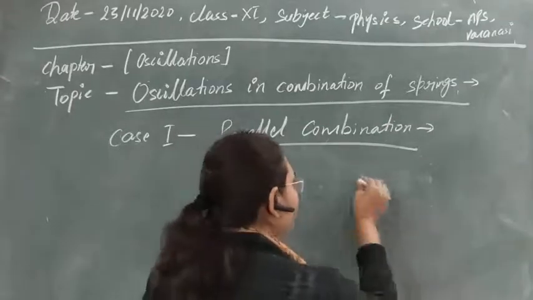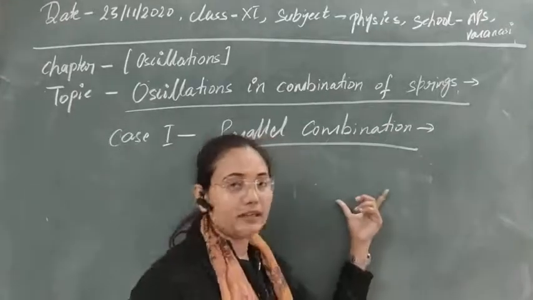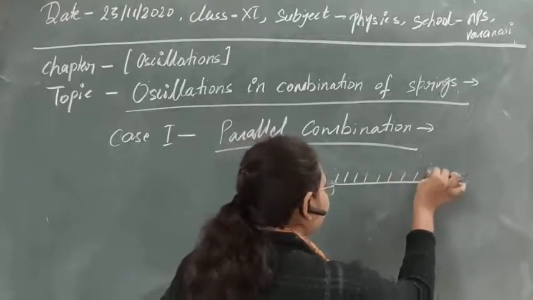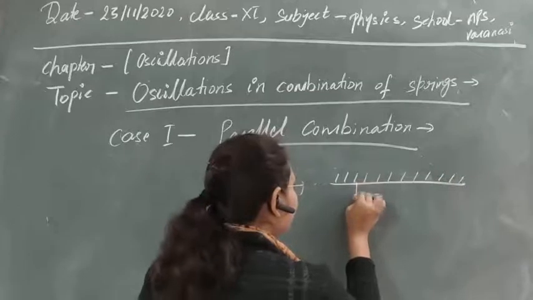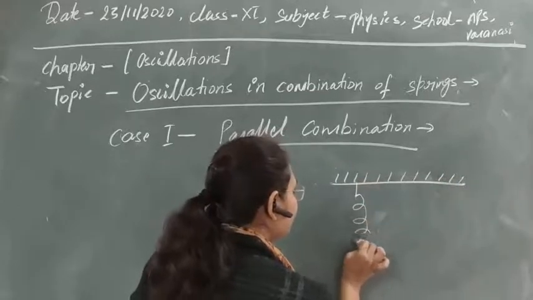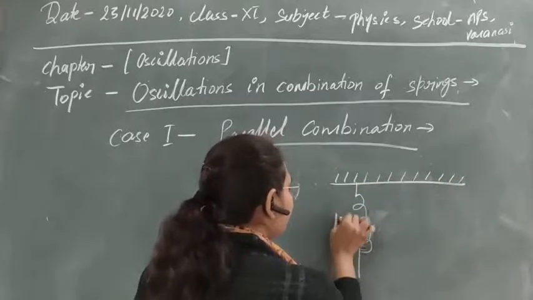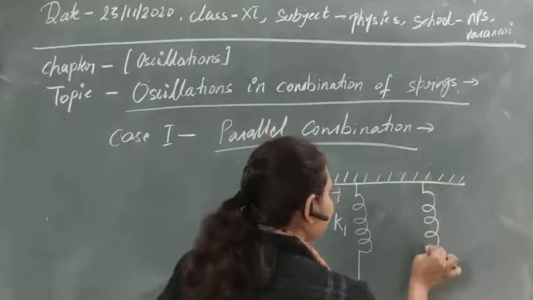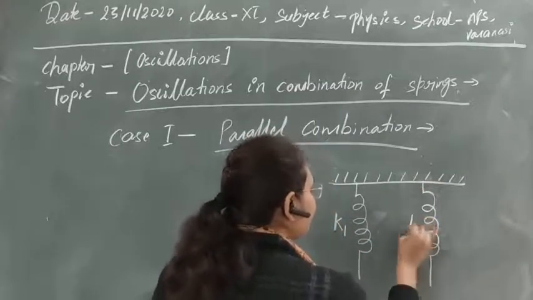So simply, what do we have to do to combine them in a parallel way? Suppose this is a fixed end here, and with this fixed end, this is a spring with spring constant K1, and this is a second spring with spring constant K2.